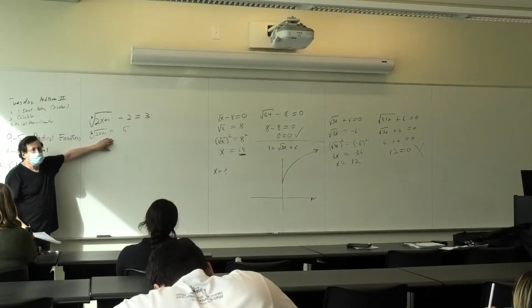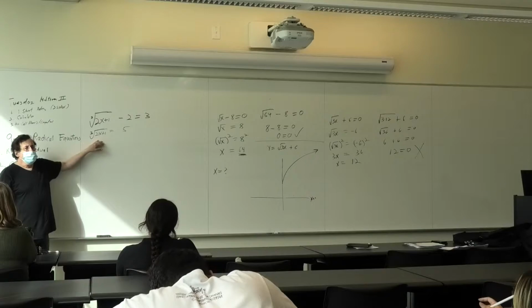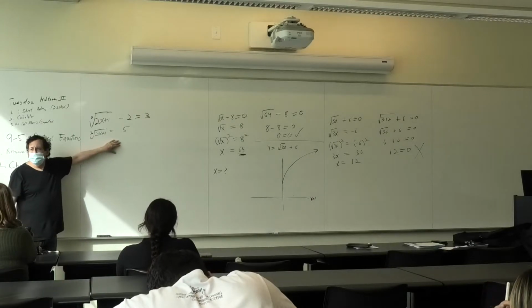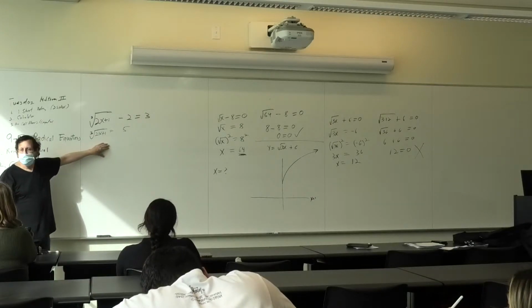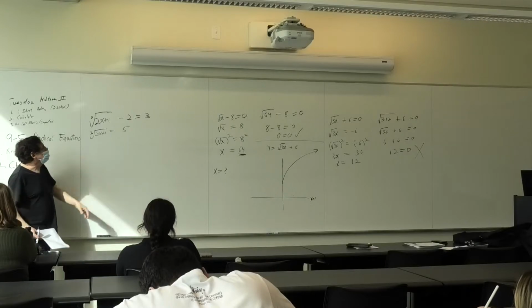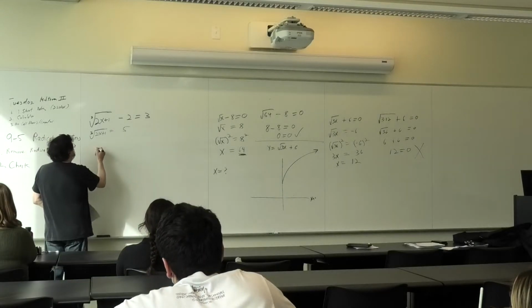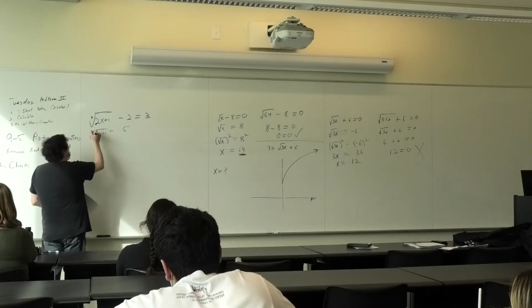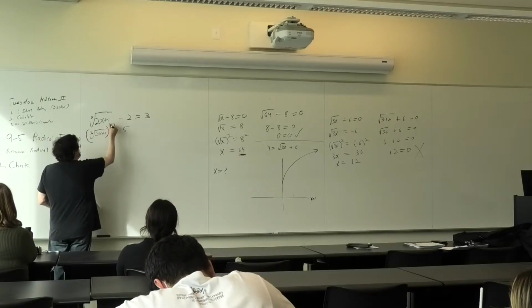Well, anyone have any ideas how I might get rid of this cube root radical? Thoughts? Yeah, okay. Let's try that. I'm going to kind of do it in place here, save a little room.